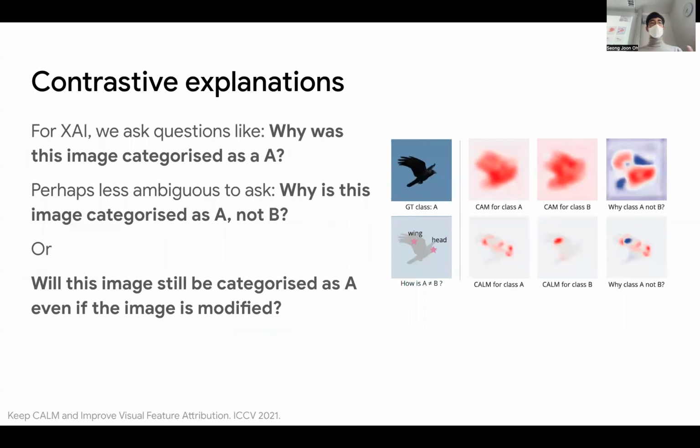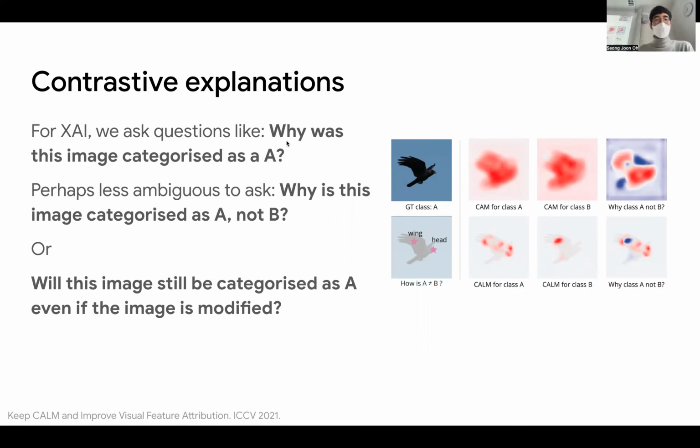But to make a brief criticism of what explainable AI is working on, a lot of the questions that are asked there do not have any foil in mind. The typical question is, why was this image categorized as A, with no rather than.